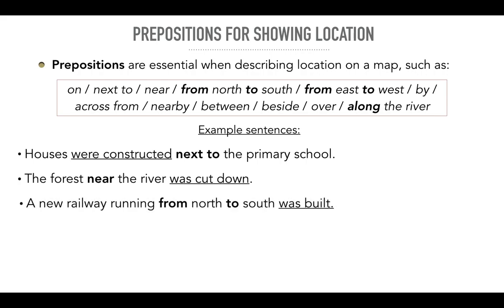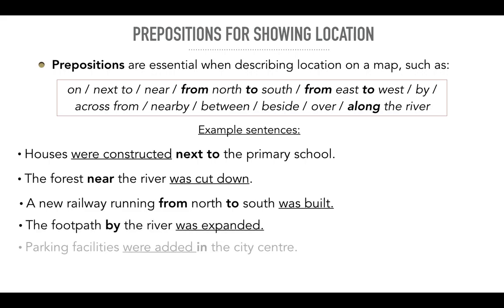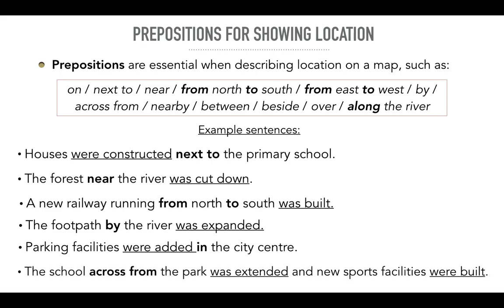A new railway running from north to south was built. The footpath by the river was expanded. Parking facilities were added in the city centre, and the school across from the park was extended, and new sports facilities were built. So again, we can see the passive voice there, and we've got these prepositions. And another thing is language for showing changes over time.